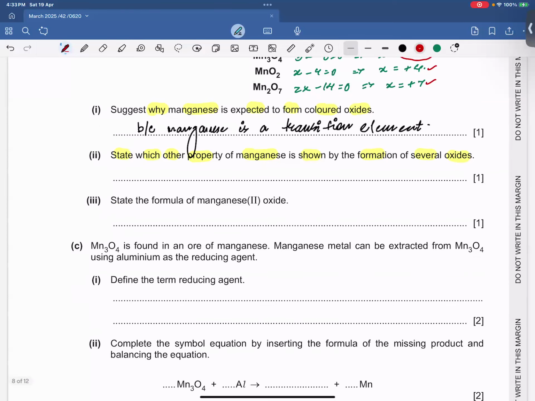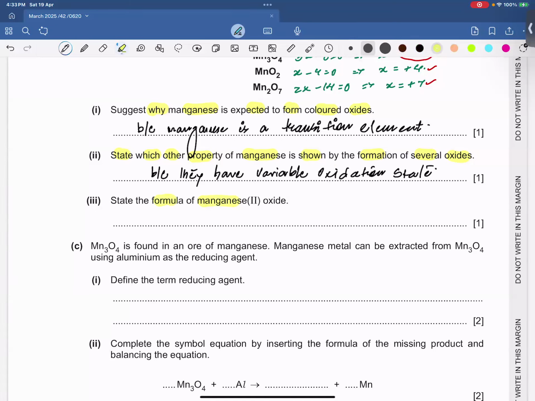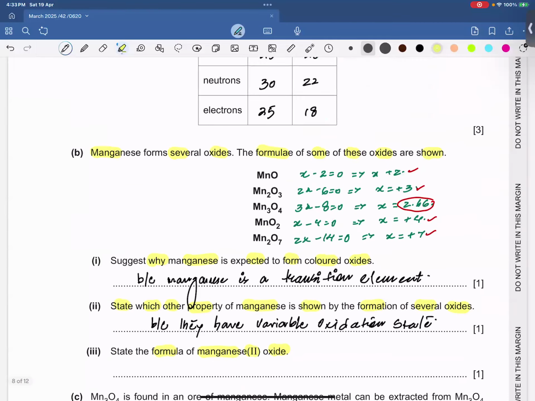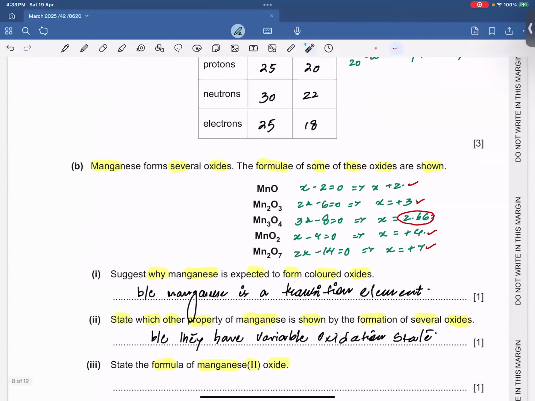They have variable oxidation states, which is why they can form different oxides. State the formula of manganese 2 oxide. Manganese 2 oxide is basically MnO.